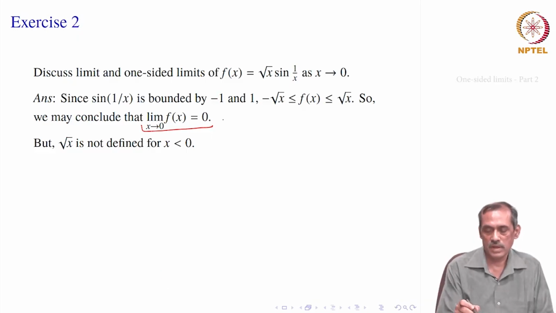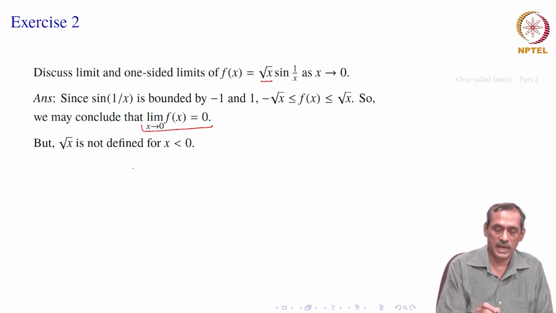we should have a deleted neighborhood of x equal to 0 that is contained in the domain of f x. And here the domain of f x does not include the negative numbers, because square root of x will not be defined for that. So, the domain is only x greater than 0, and x equal to 0 also is excluded, since 1 by x is not defined.